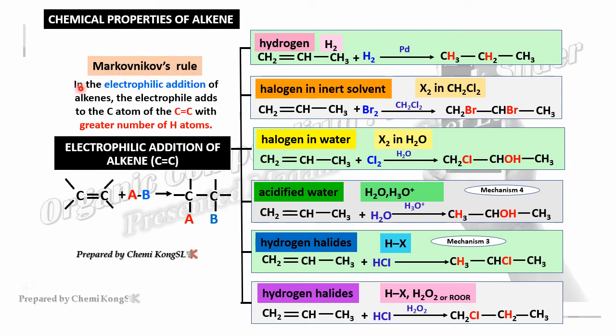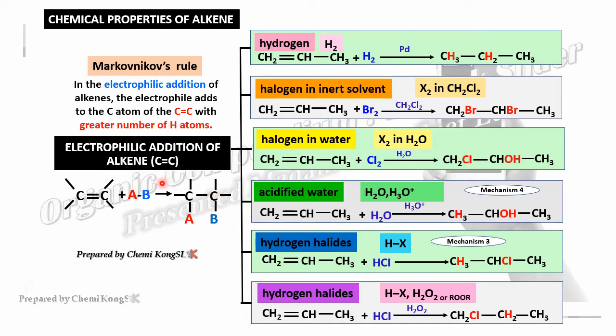This is the rule that applies in the electrophilic addition of alkene. The electrophile adds to the carbon atom of the carbon-carbon double bond with the greater number of hydrogen atoms. This is an addition reaction. Why? The double bond becomes a single bond, and then A and B atoms will be added to the C double bond C, which becomes C single bond C.